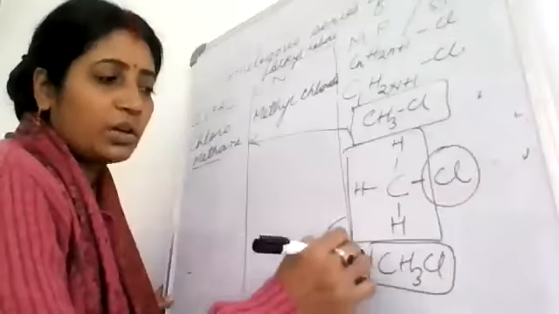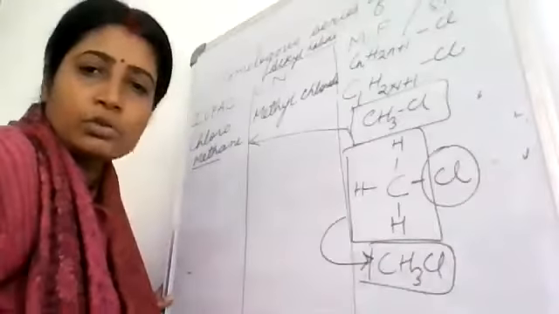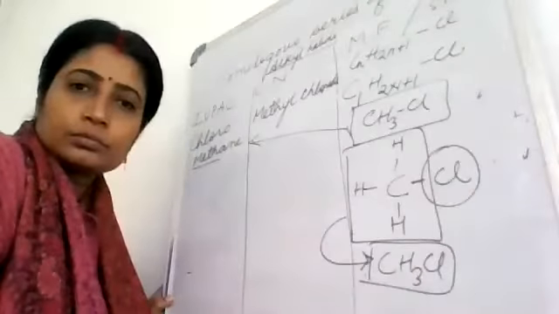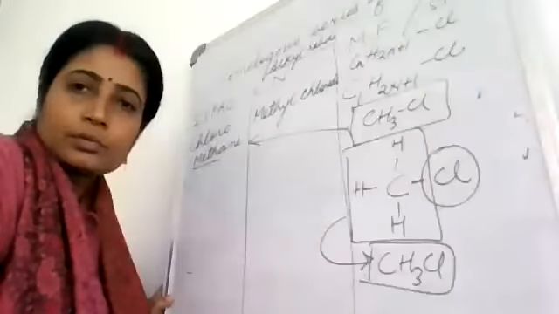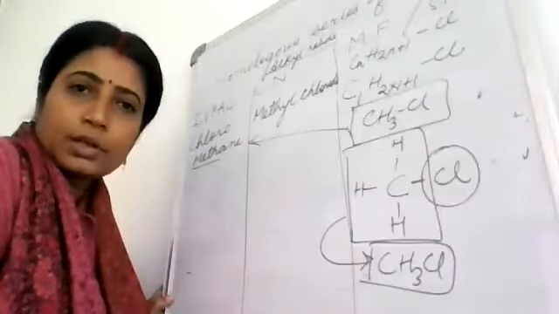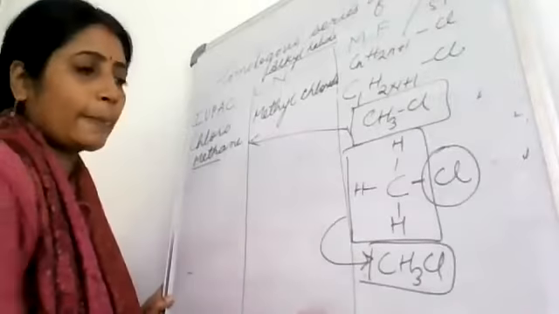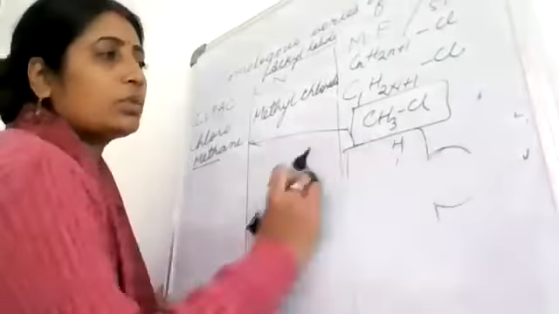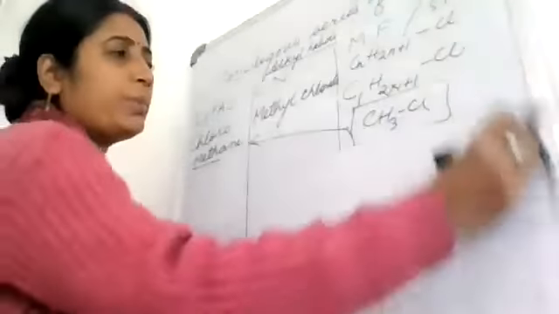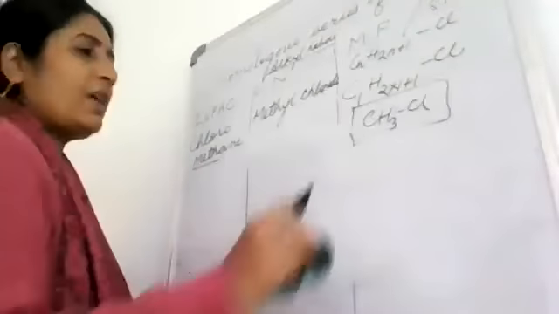So from the structural formula you are getting the molecular formula also. Is it clear? Yes, ma'am. Okay. So this was the first member of the homologous series of haloalkane.